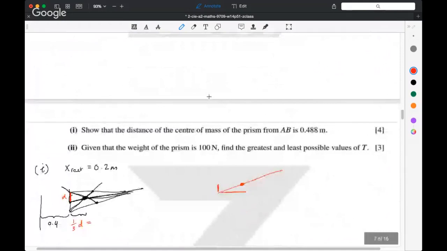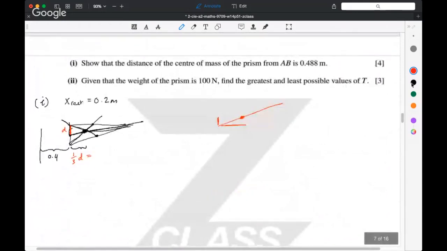Oh wait, silly me! I'm doing the y components. Well, that's really silly. This is not D. Whoops, forget that. Instead, I'm talking about this distance, obviously.